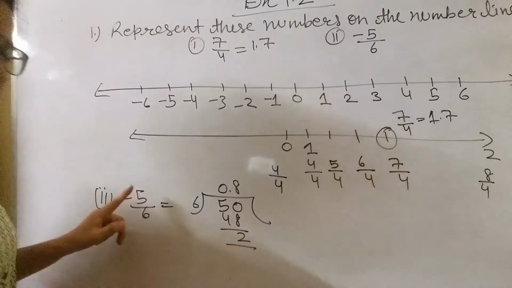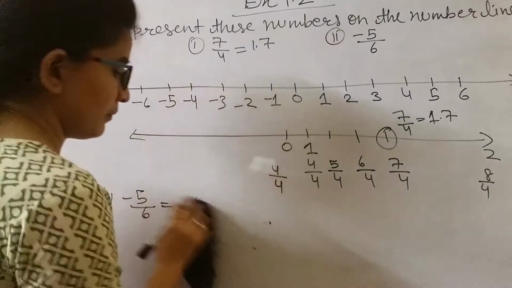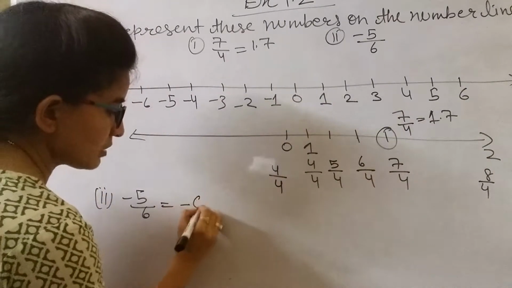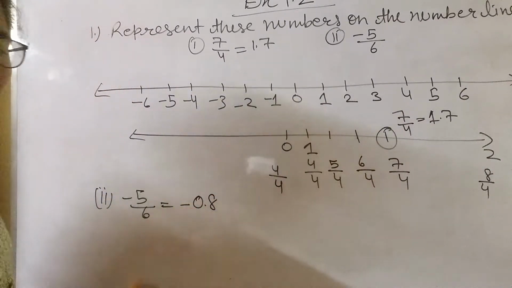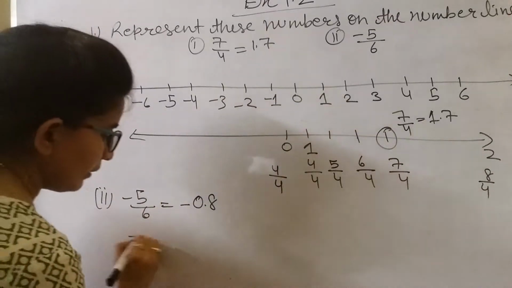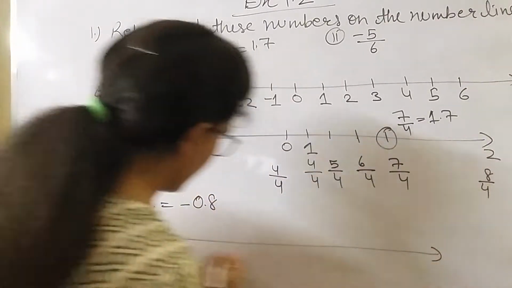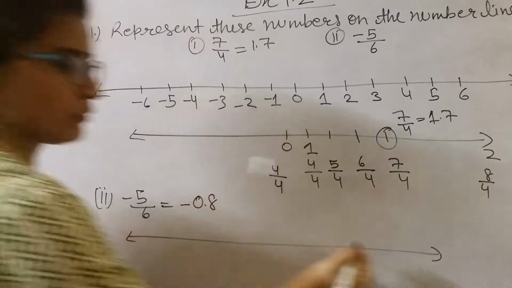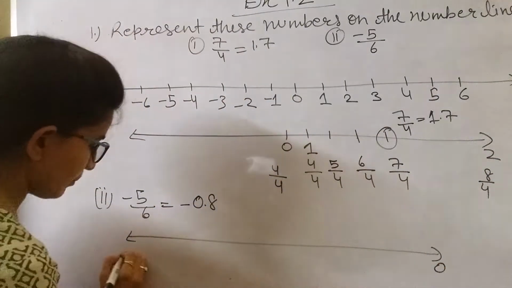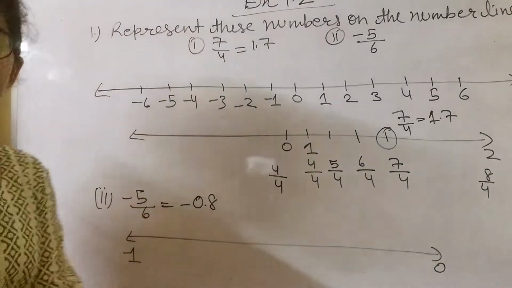So minus 5 upon 6 will be minus 0.8. Now on the number line, this will remain between 0 and minus 1.